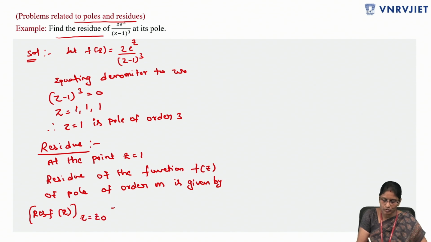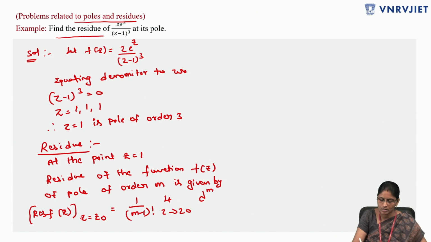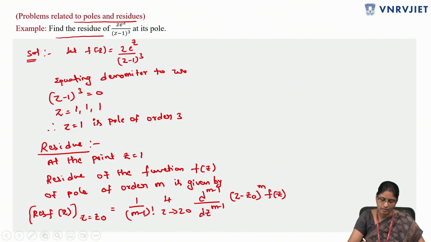at z is equal to z naught is equal to 1 by m minus 1 factorial limit z tends to z naught d power m minus 1 by dz power m minus 1 of z minus z naught whole power m into f of z.